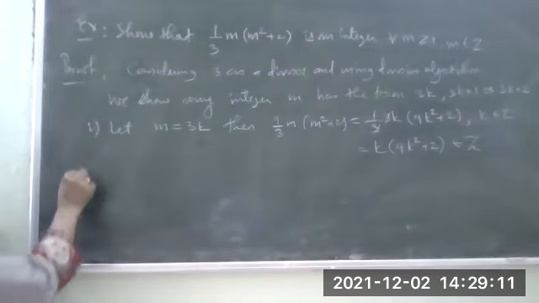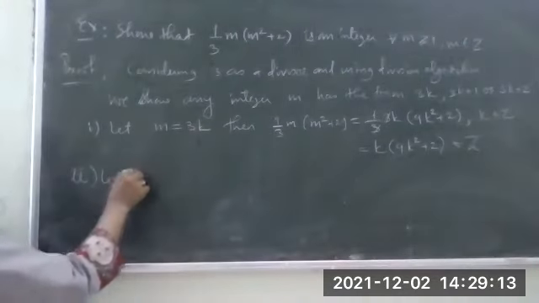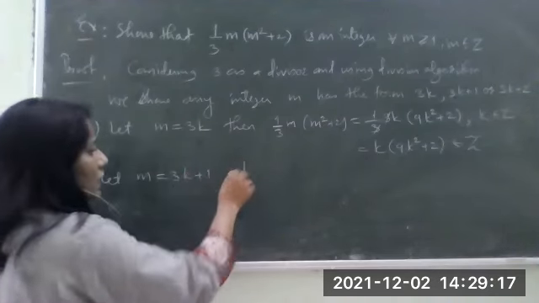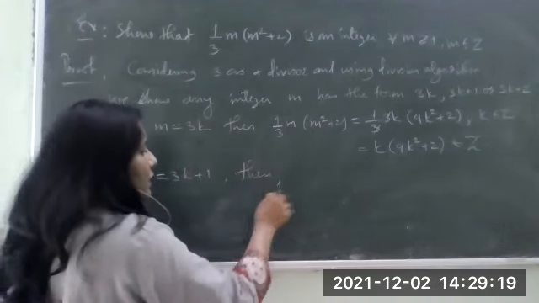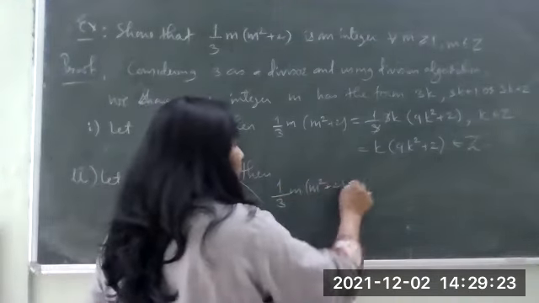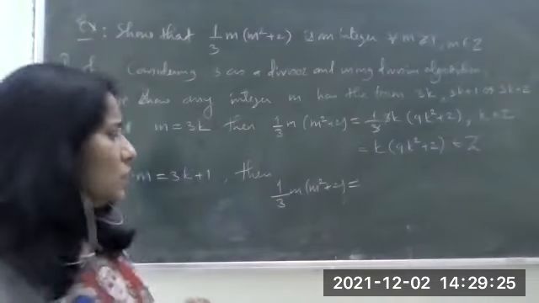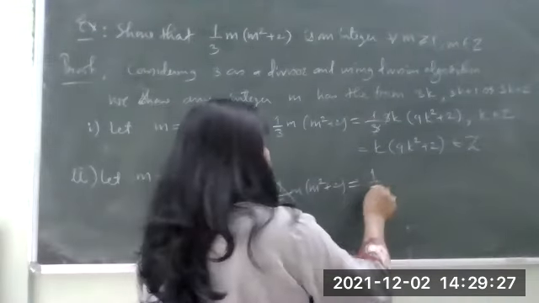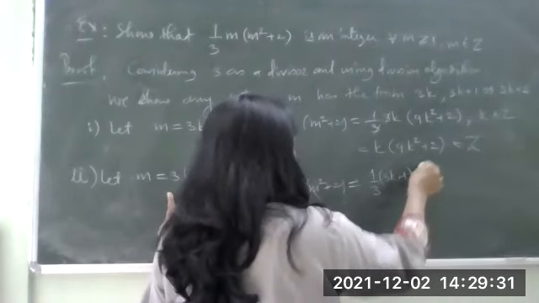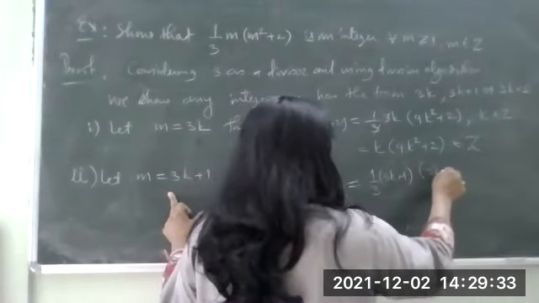Now come to second, let us take m equal to 3k plus 1. Then again we have to prove 1 by 3 m into m square plus 2 is an integer. So 1 by 3 into m, here 3k plus 1, so wherever there is m, you just substitute 3k plus 1.